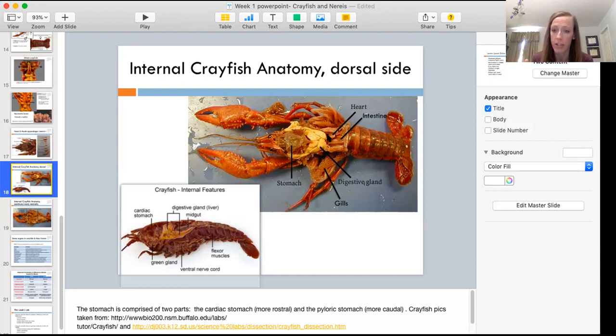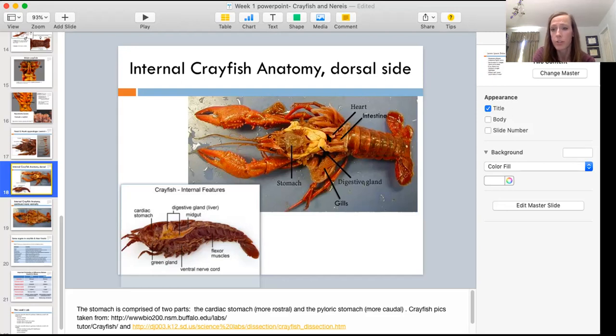It pumps fluid throughout the body, but I should mention that the circulatory systems are different for the crayfish and the Nereis in a couple different ways. First of all, the presence of a heart in the crayfish and not in the Nereis, and the fact that the crayfish has what we call an open circulatory system versus the Nereis, which has what we call a closed circulatory system.